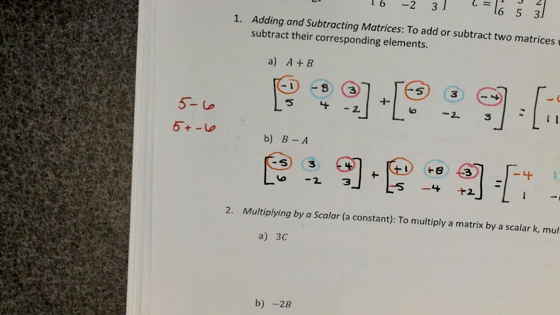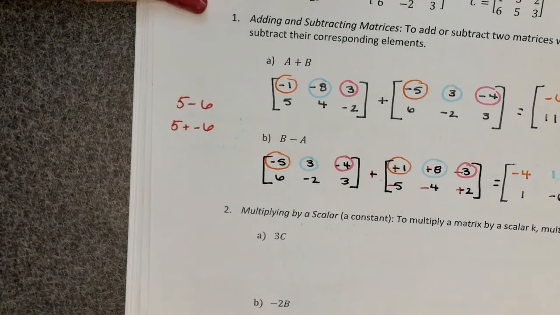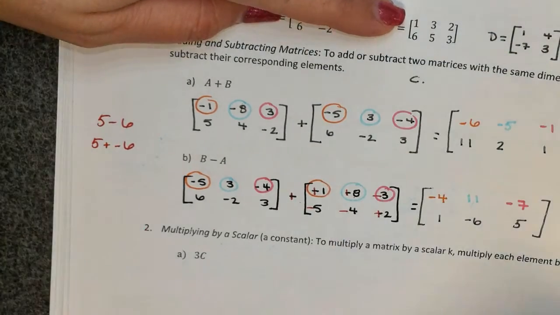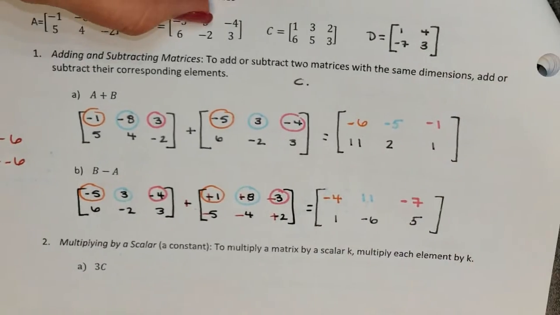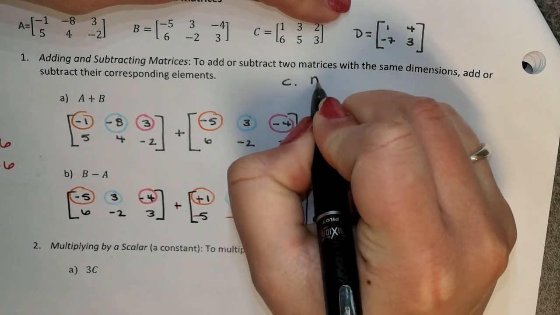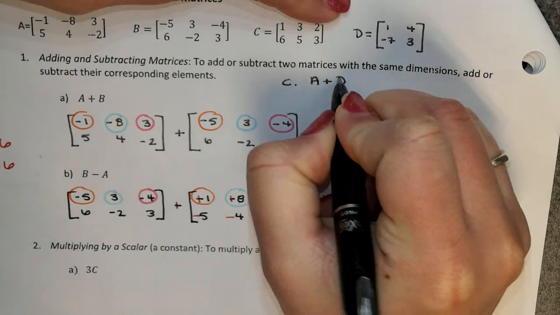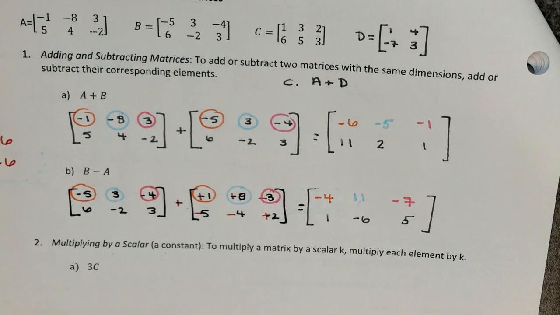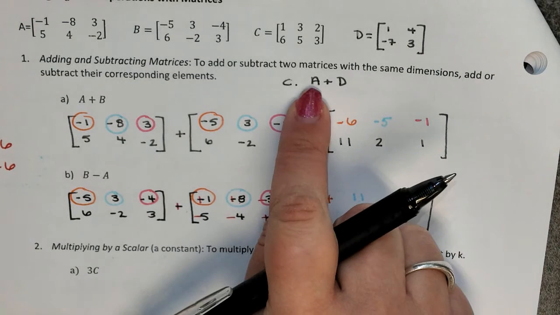Okay. Now here is why I had to add in D. I want to show you what happens. We're going to do part C right up here because it's actually not going to take up a lot of room. And let's add A plus D together. I'm not even going to write this out because what are the dimensions?